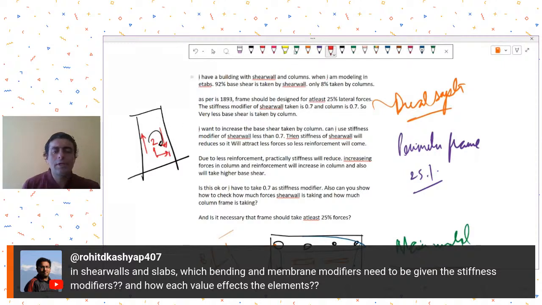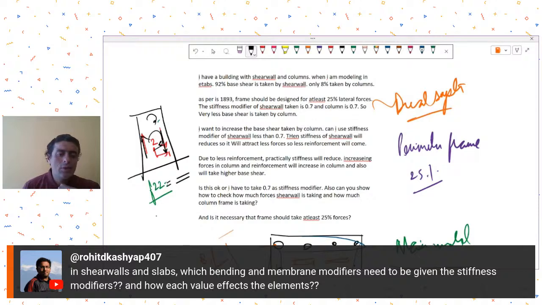option available in the ETABS shear wall. So what we do as an alternate option is to give the F22 modifier. By doing this, the in-plane movements create tension and compression couple in the 2-2 direction, so when we give the F22 modifier, we are able to modify that stiffness.